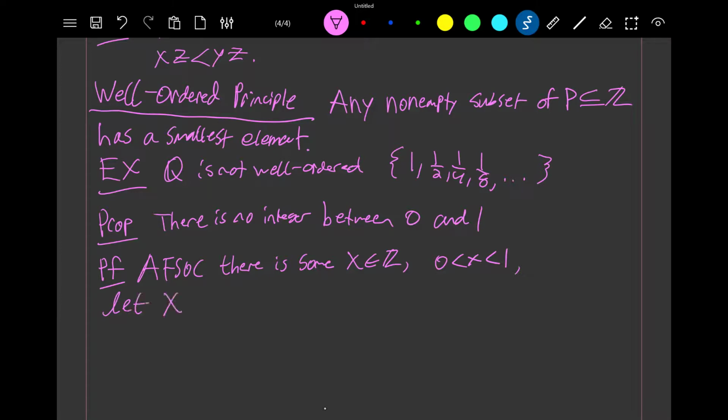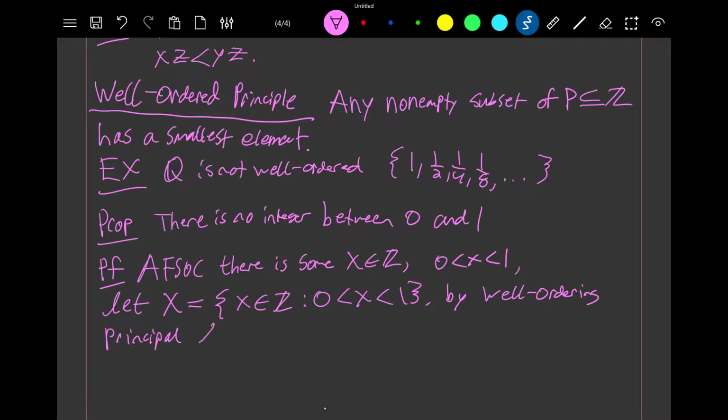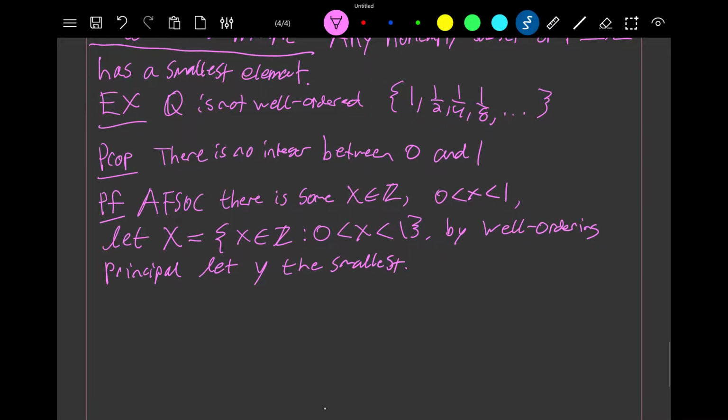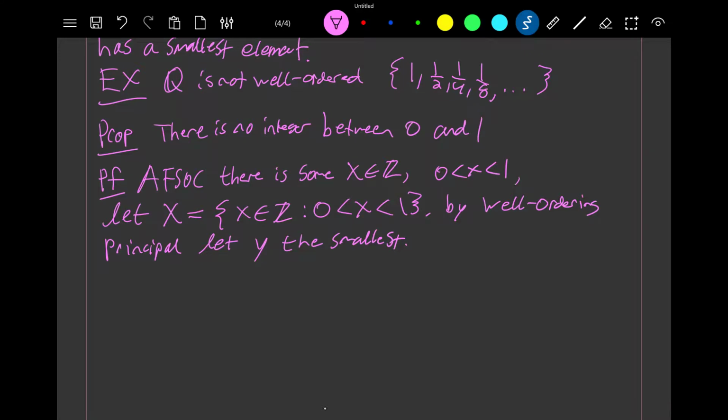So let x be the set of all integers that are between 0 and 1. By the well ordering principle, we have that there's a smallest. So maybe I'll just call y the smallest, or the least element.